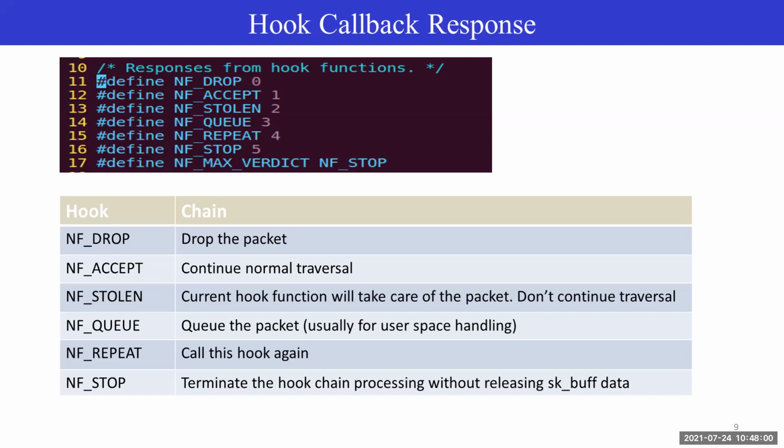NF_QUEUE is usually for packet processing at the user level. You may have heard about the two very famous packet inspection tools. One is Suricata and the other is Snort. They are actually inspecting each and every packet, and based on some signature of Suricata or some signature of Snort, either the packet is getting dropped or some alert message is sent to your device that some malware is getting access, so you need to take care of that.